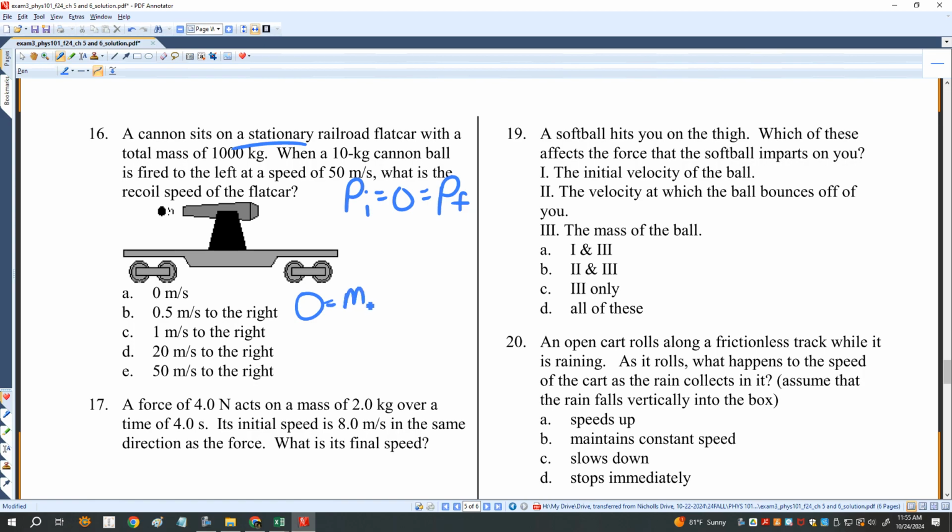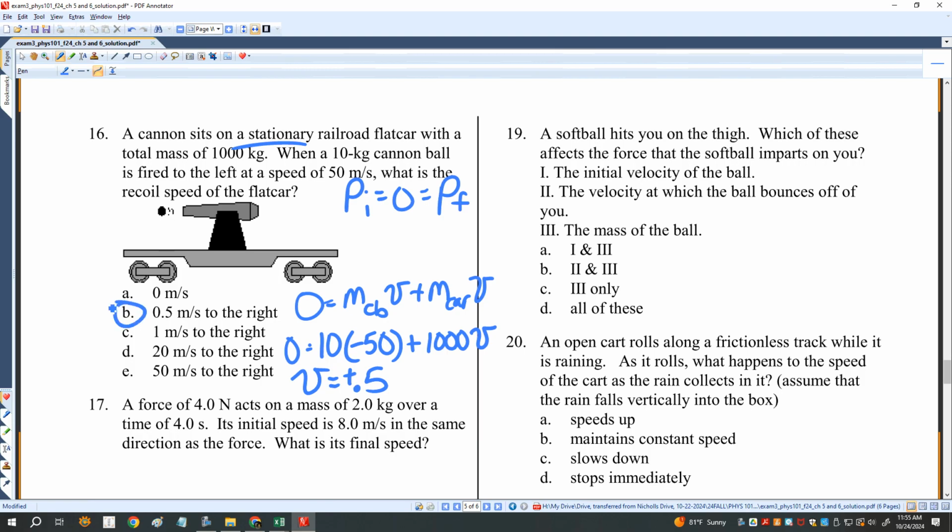That's the mass of the cannonball times its velocity plus the mass of the car times its velocity. So 0 equals, the mass of the cannonball is 10, the speed is -50, plus the mass of the car, which is 1,000, times its speed. And that's what I want to know. So when I solve that, I get V equals positive 0.5, so B is the right answer. This car is going to move at 0.5 meters per second.